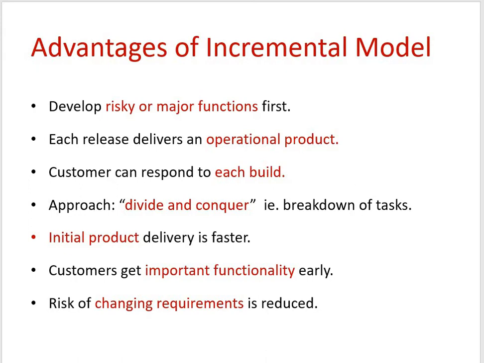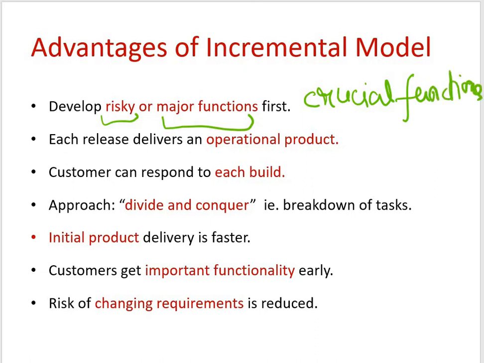So let's quickly see some of the advantages of using an incremental model. In this case, I can develop the risky or major functions which are important to me first. All the crucial functions, I'll come up with in the first build, and each release delivers an operational product. Of course, every build is a fully functional product.